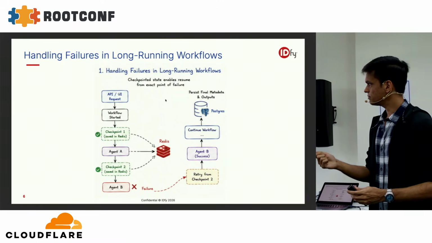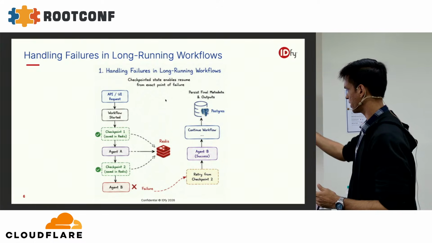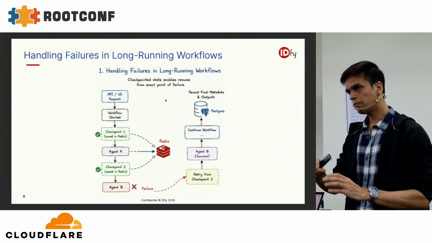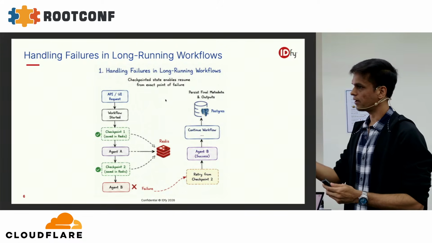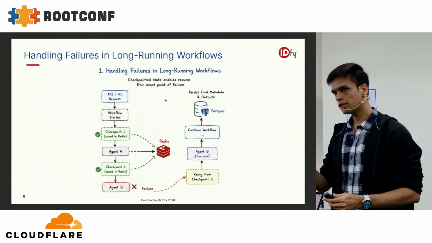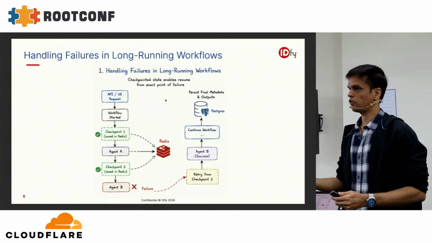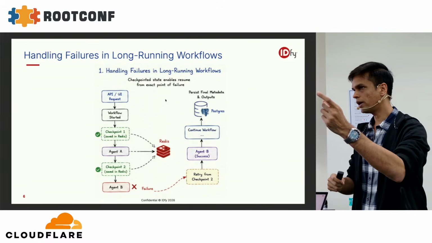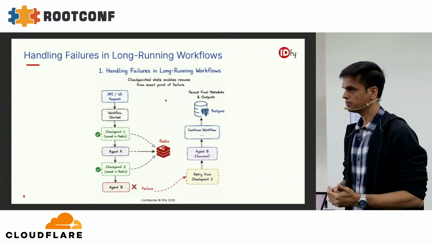That is how we know that, for example, if checkpoint 1 and checkpoint 2 were completed successfully, we store that state in Redis. And then if checkpoint 3 fails, we know when we resume the workflow where to start from. So the entire workflow won't be invoked from checkpoint A, we'll resume from checkpoint 3 or C.